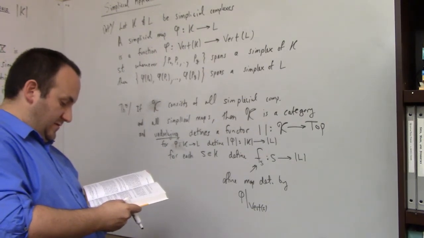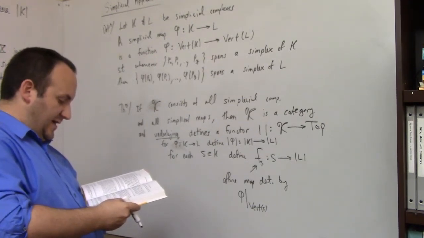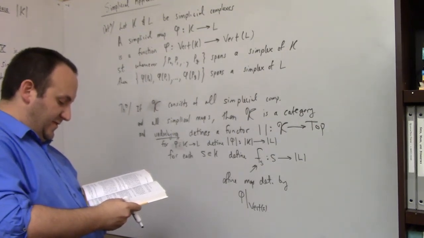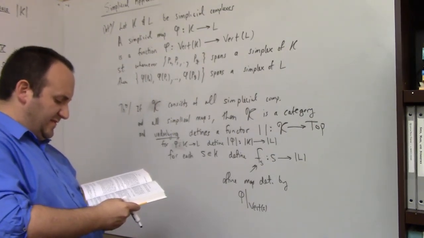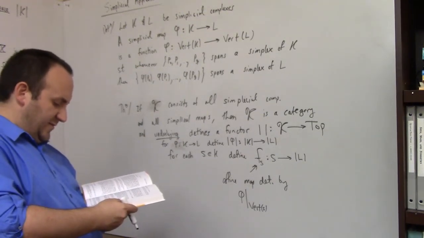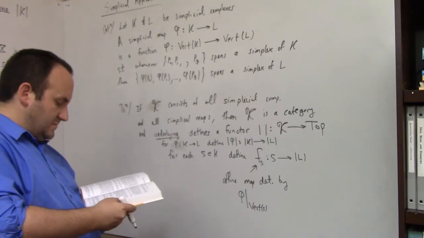So what we're saying is that F behaves like the underlying map of the simplicial map, in that it carries neighboring simplices of P inside the simplices near the image of P.